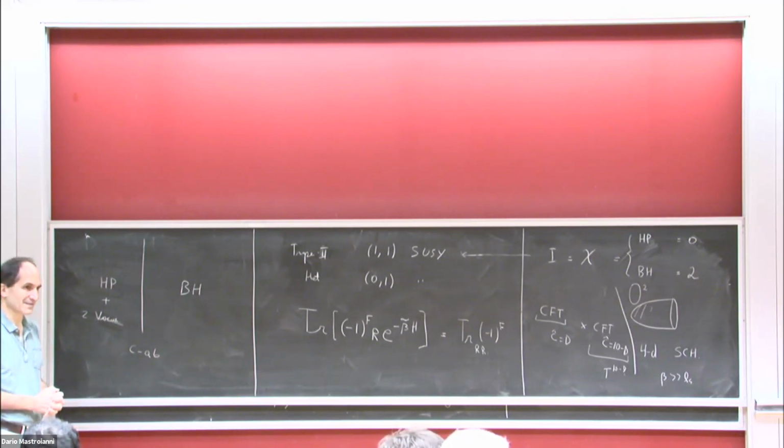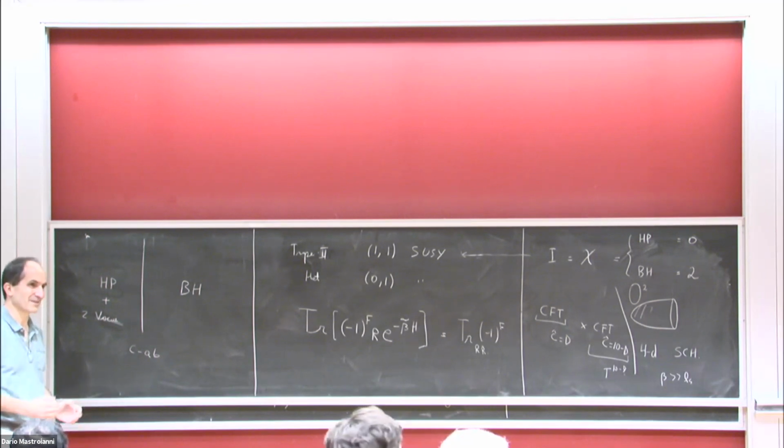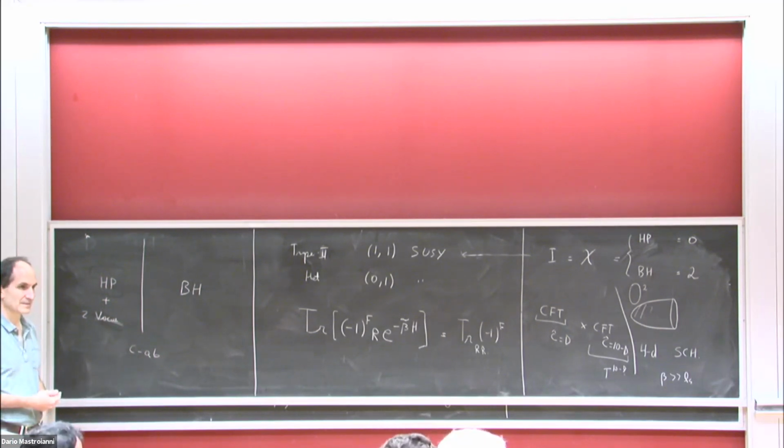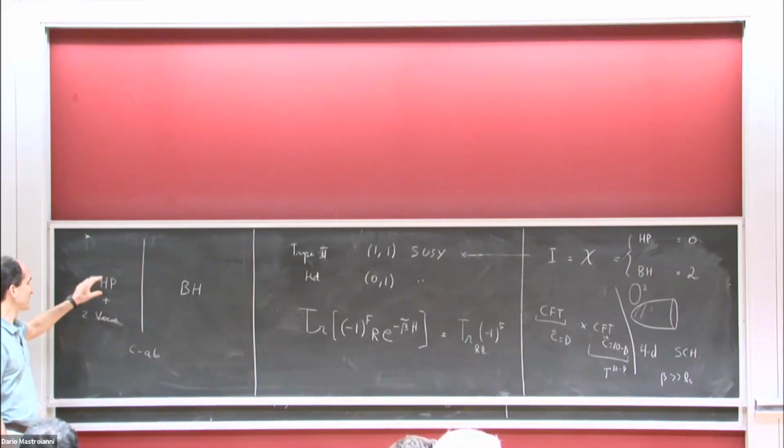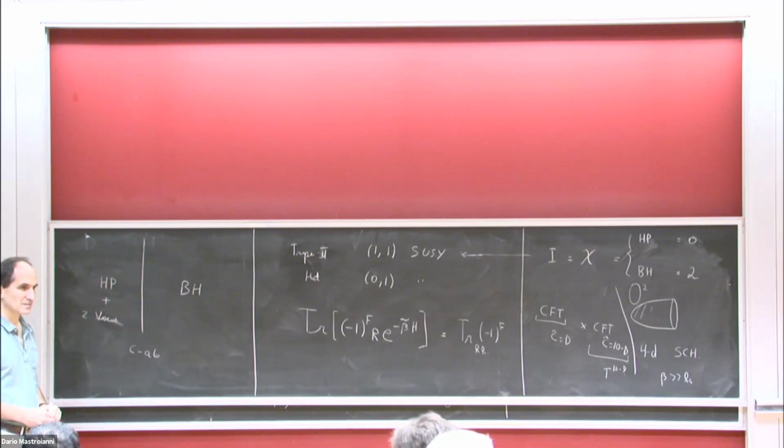Of course, if you haven't flowed all the way to the infrared, then there are. But in the context of string theory, what you're really interested in is only the infrared, exactly, and only in these pieces where you have the correct central charge. So what should we make?